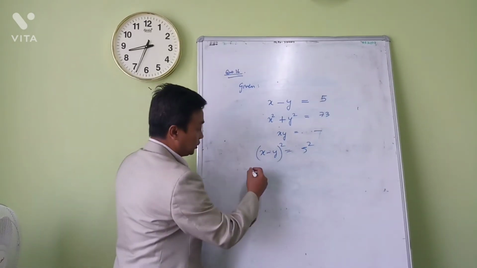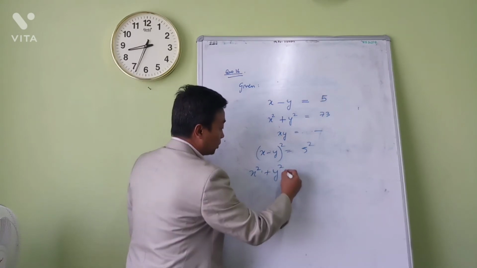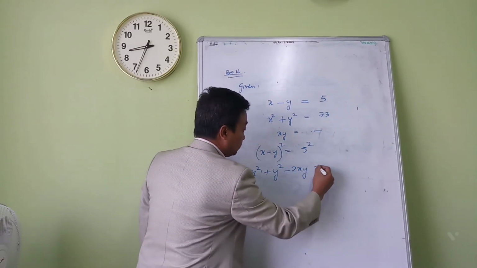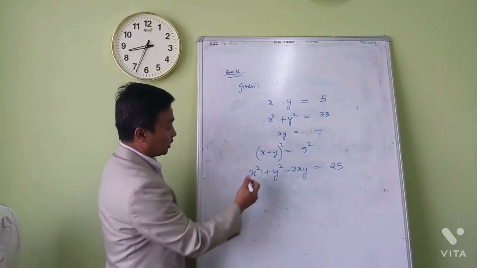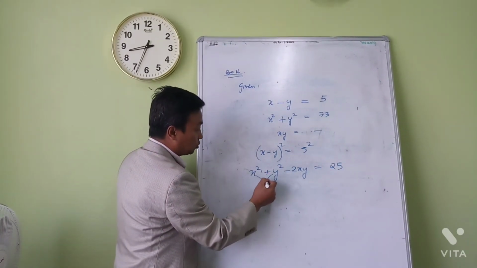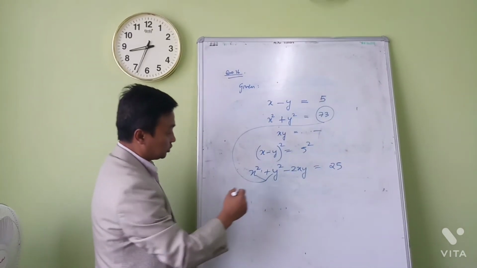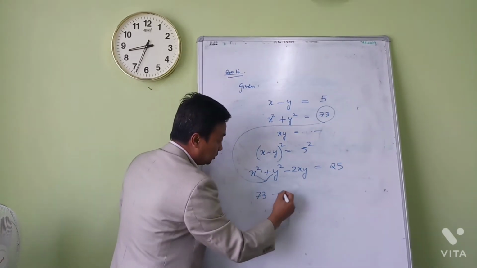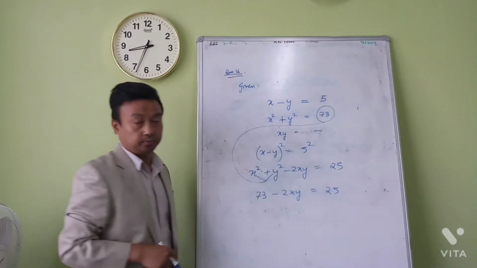So it is very easy. a square plus b square minus 2ab equals 5 into 5, that is 25. Now x square plus y square, the value is already given to you, that is 73. So you simply substitute: 73 minus 2xy equals 25.